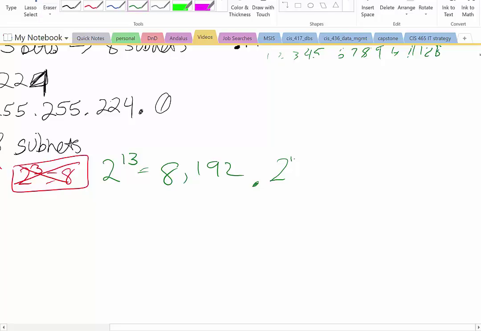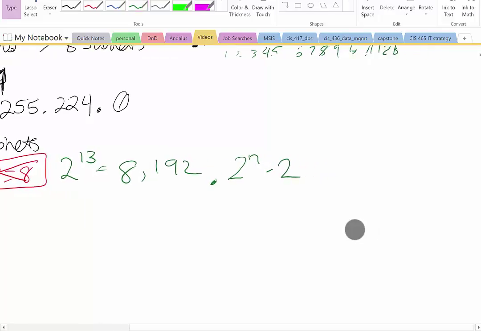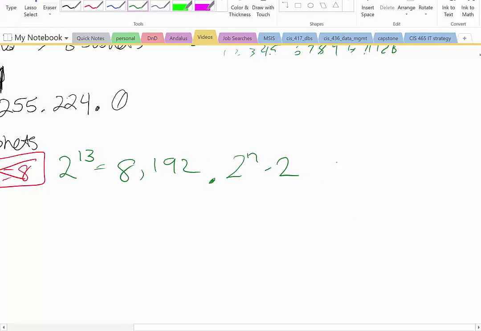It's 2 to the power of n minus 2. Gives us the total number of usable hosts. All right, so that is 2 to the power of 13 minus 2 equals 8,190 usable hosts per subnet.